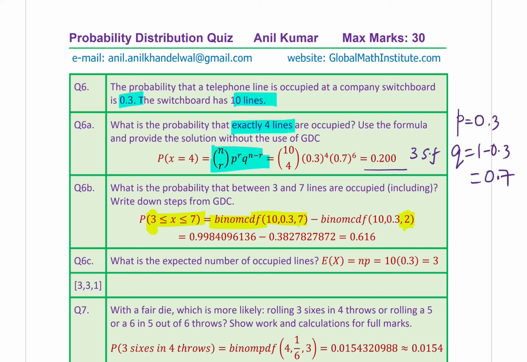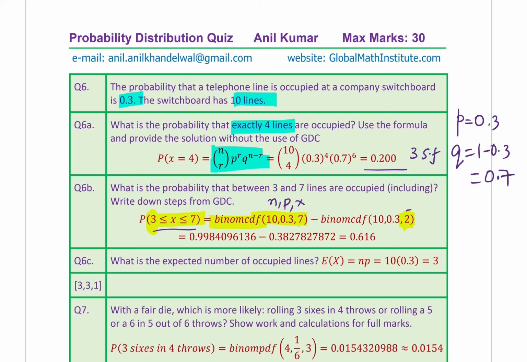Then you can find the answer, right? So binomial CDF 10, comma 0.3, comma 7. So basically, we are giving the number of trials, the probability, and then the value we are interested in, right? Up to 7, including 7, correct? From there, we'll take up to 2, including 2. So we'll get the answer for 3 to 7, both included.